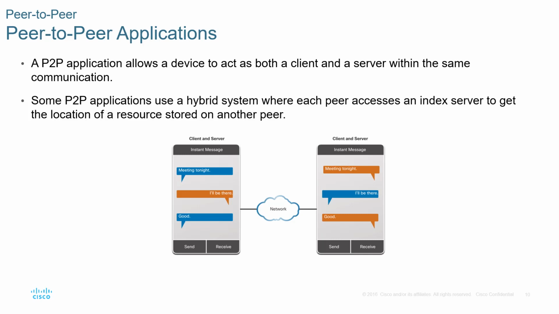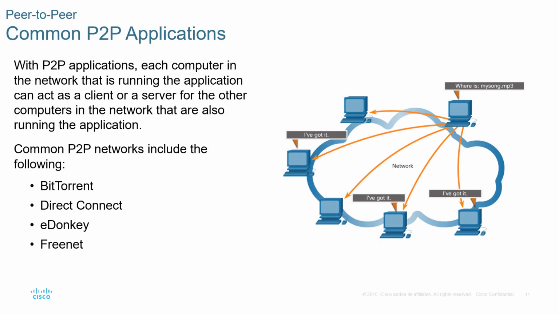Basically, peer-to-peer applications allow devices to act as both, and so sometimes these are called hybrid systems. They can both send and receive. They can both be a server and request resources. Common peer-to-peer applications are torrents, for example. I can ask, who has this file? And I can reach out to all of my peers.